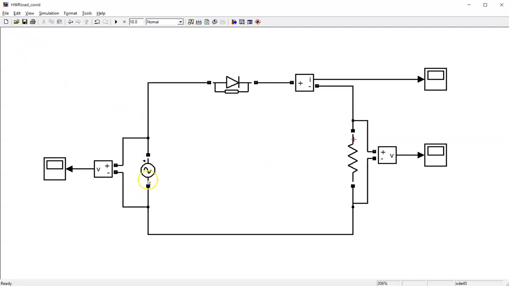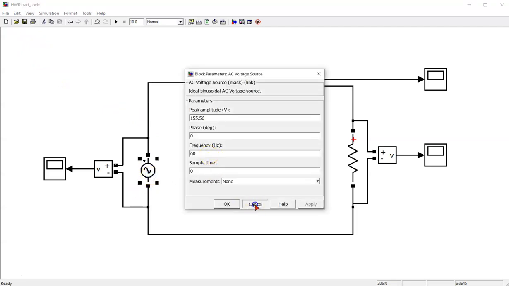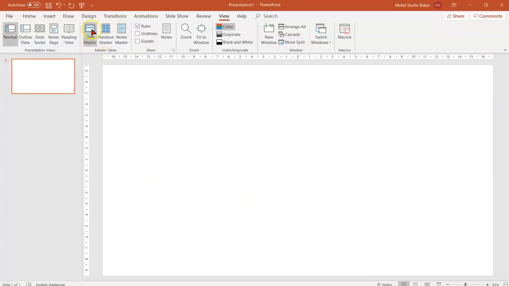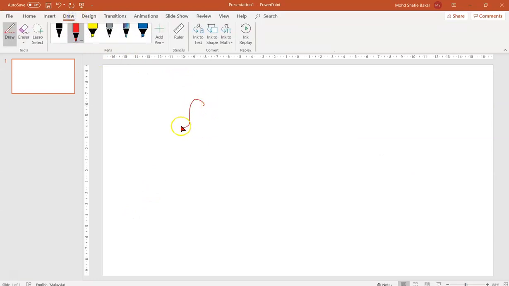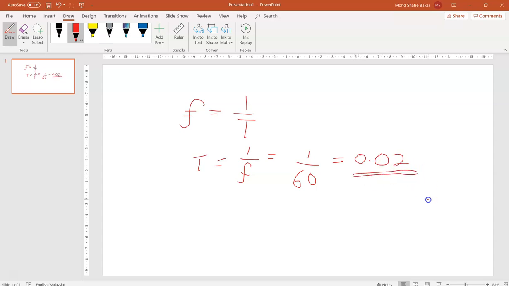So save the file. Now the frequency is 60 Hz, and the period T equals 1/F, meaning 1/60, which gives roughly 0.02 seconds for one period.